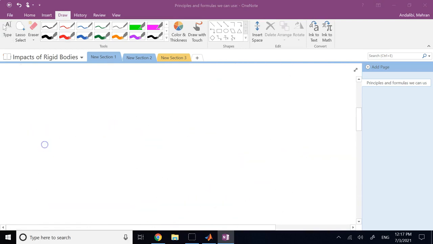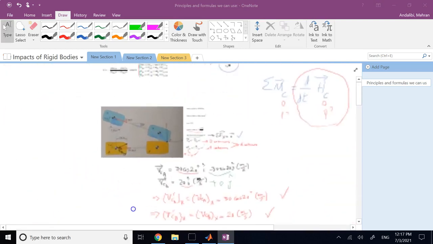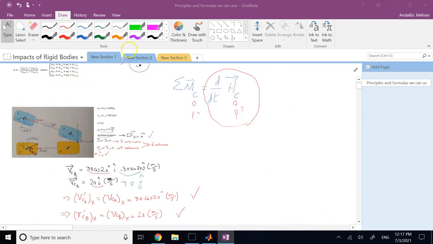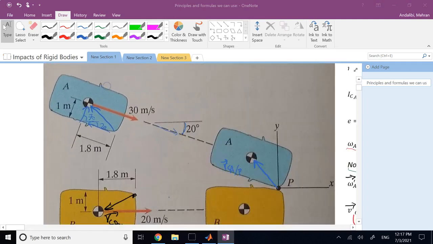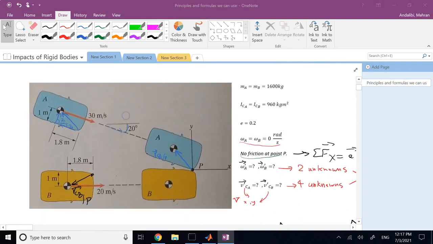Absolutely. If you go back and look at that, so they are coming like this at each other. One of them at angle, the other one is horizontally, and it says when the impact is happening, due to impact, this guy is changing the values of it, right?